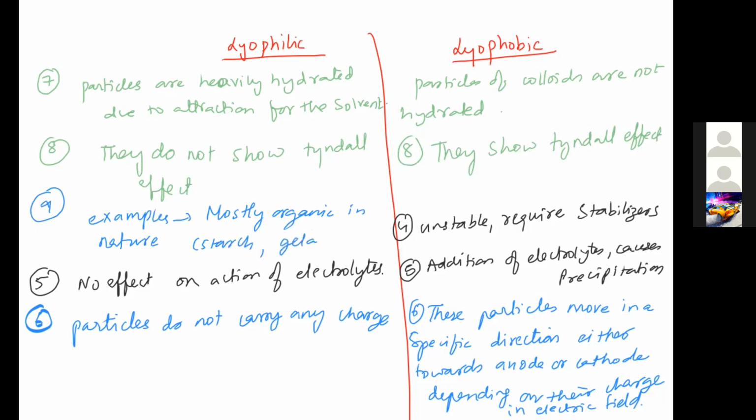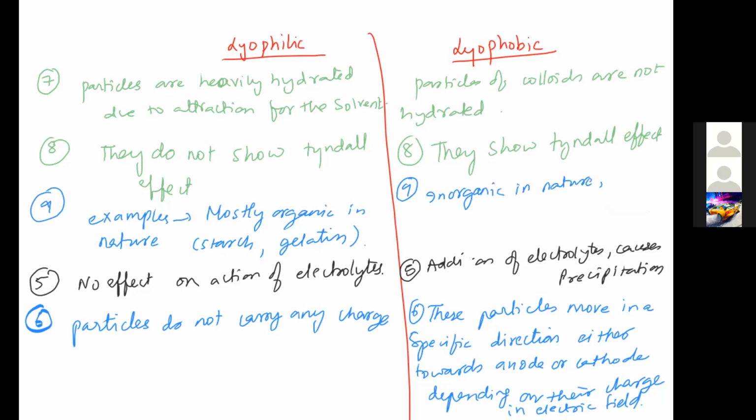The 9th point here is inorganic in nature, that is transition metal salts in water, gold, etc., and metal solutions.